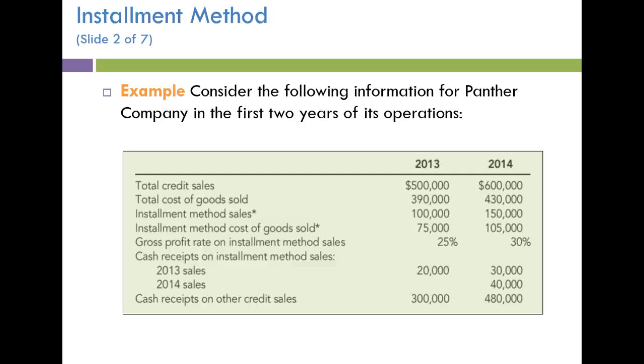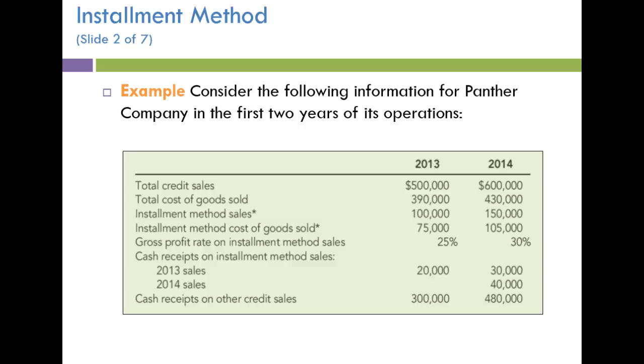So this company has normal sales and they have installment sales. They had a huge installment sale in 2013 where they were going to receive $100,000, or that's the sales price, on $75,000 of goods. But they didn't get that whole $100,000 in 2013. They got 20 of it in 2013, and they got 30 of it in 2014. But how much is still missing? 50. They're going to get more of it in the next year.